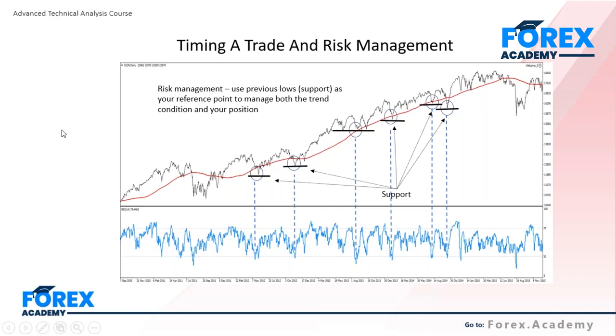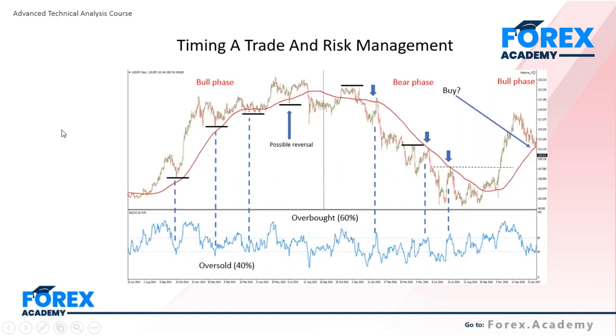In this chart in front of you, we can see a number of cycles. We have a bull phase, we have a bear phase, and the question currently is whether we are dealing with the bull phase. So let's run through how we would manage each of the various phases.